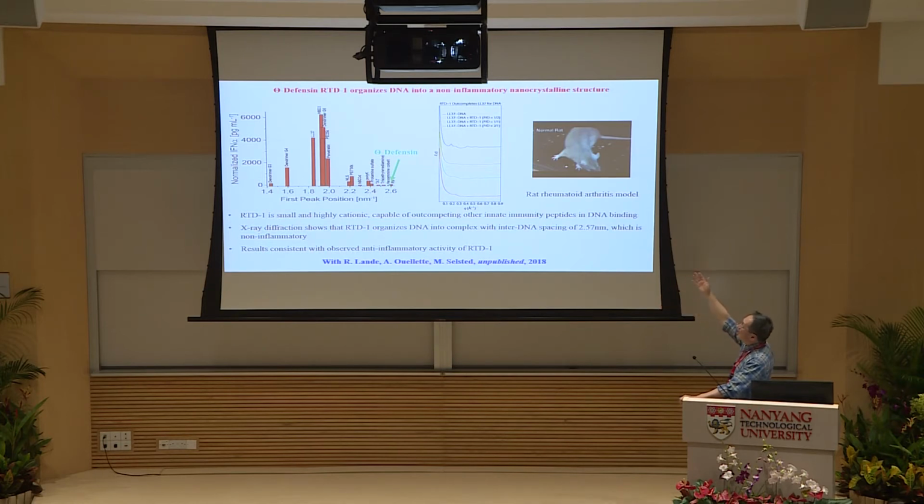So we did an experiment where we looked at a ternary system with DNA, the pro-inflammatory LL37 peptides, and the anti-inflammatory RTD1s, which are the Theta defensins. And we find that they will outcompete LL37 and make their own spacing, which is not pro-inflammatory. It puts a spacing at the green arrow that we've shown.